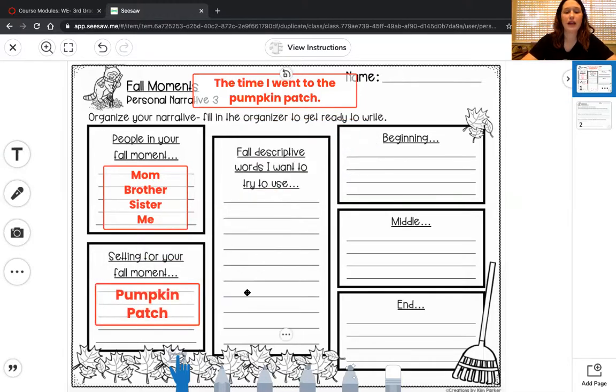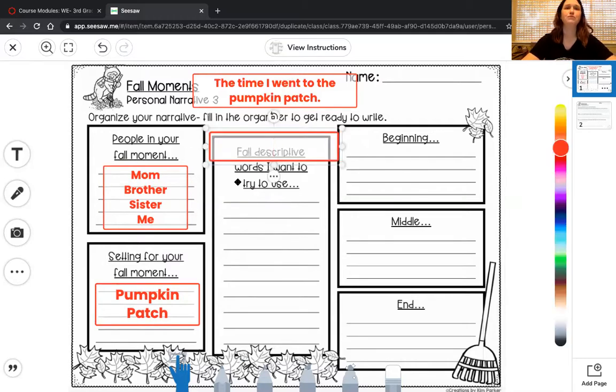All right, then fall descriptive words I want to try to use. Well, I definitely am going to use pumpkin, because I went to a pumpkin patch.